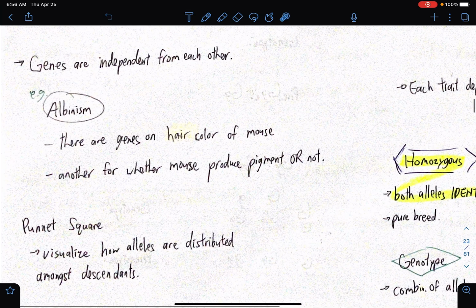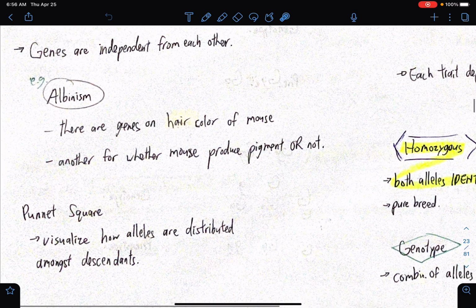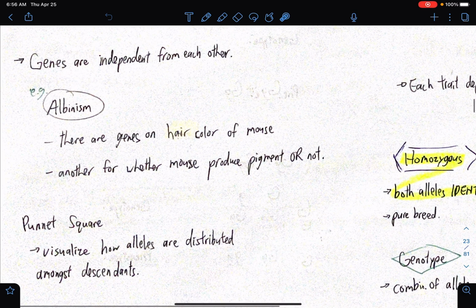So for instance, we have albinism. For albinism, there is a gene for the hair color of a mouse and another for whether the mouse produces pigment or not. Let's say there are certain mice that are brown and other mice that are gray.